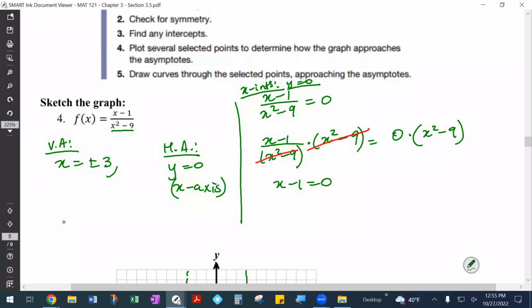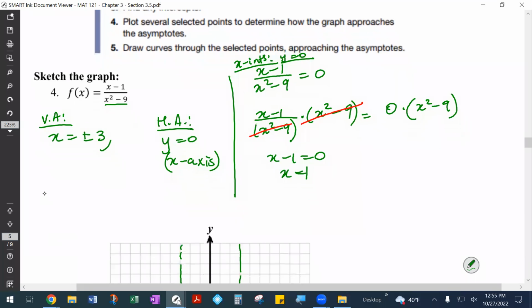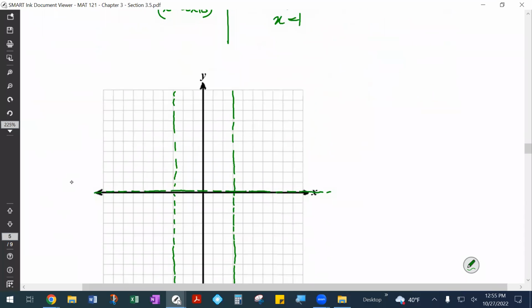So x equals 1. This would be our x-intercept, right over here.